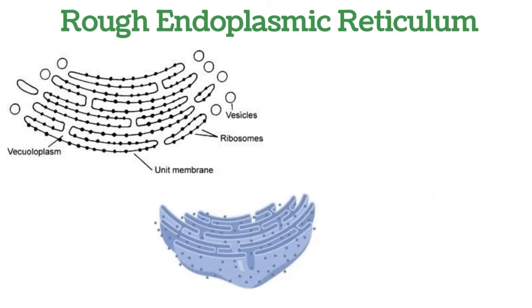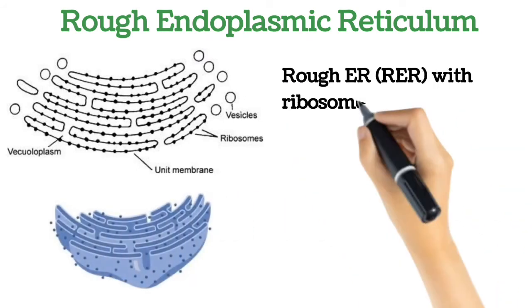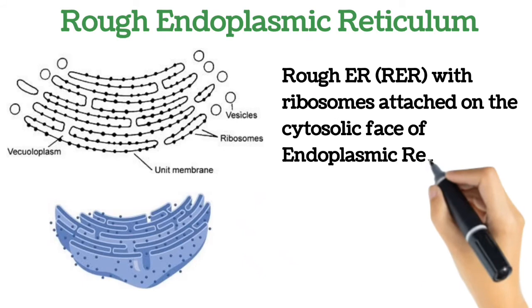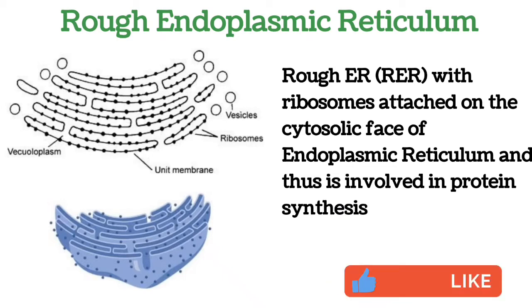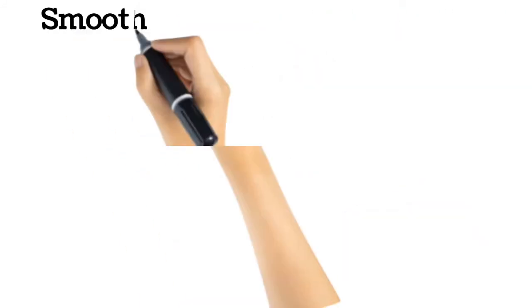Rough endoplasmic reticulum. So the rough ER is the endoplasmic reticulum that has the ribosome attached to it. So it is involved in protein production or protein synthesis.